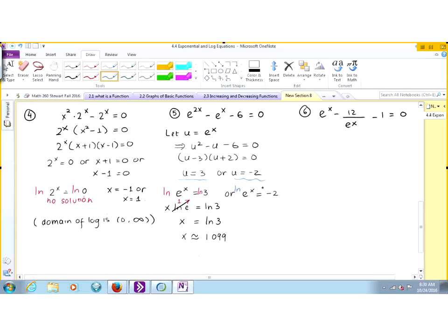Or if you want to use ln, then x ln e is equal to ln of -2. Then what happens when we evaluate ln of -2? This is no solution. So we only have one solution. Are we good so far?